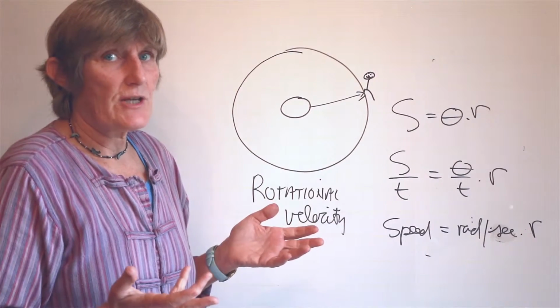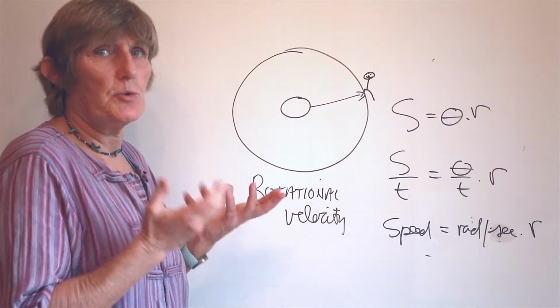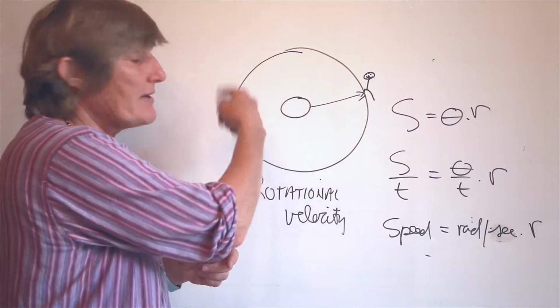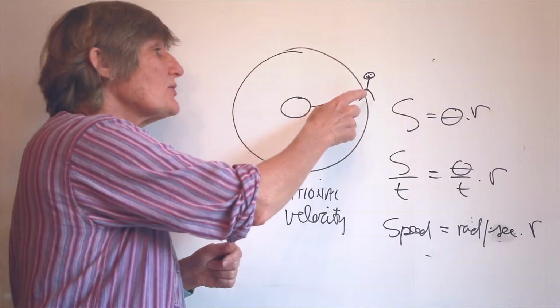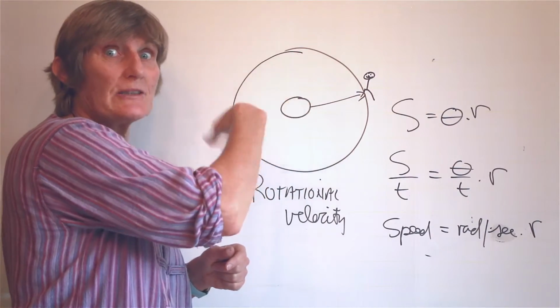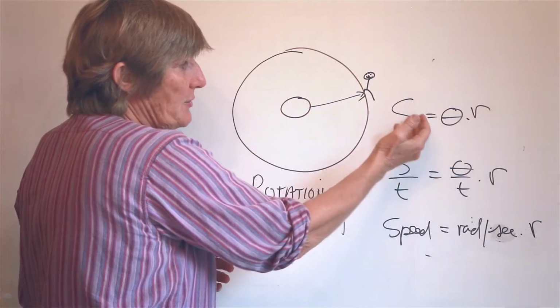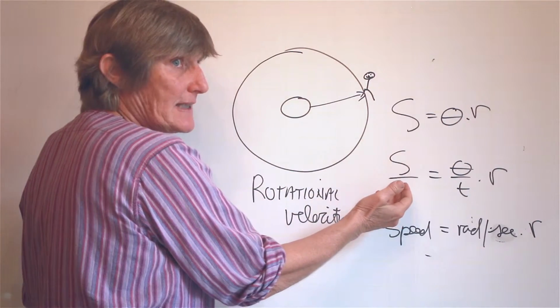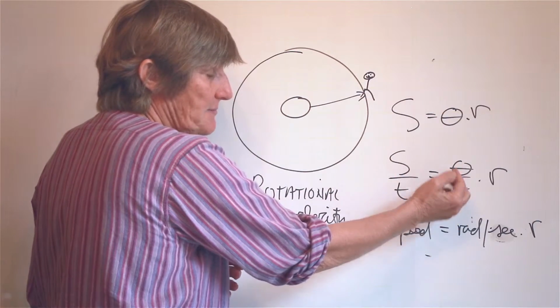This is something which actually mechanical engineers use a lot, but you knew about it when you were a small child. Remember this merry-go-round you had? You never stood in the middle, you always stood on the outside because you wanted to go fast. Now let's look at this formula. So if we say distance divided by time, we get the speed. So if we divide that by t, we must divide this by t.